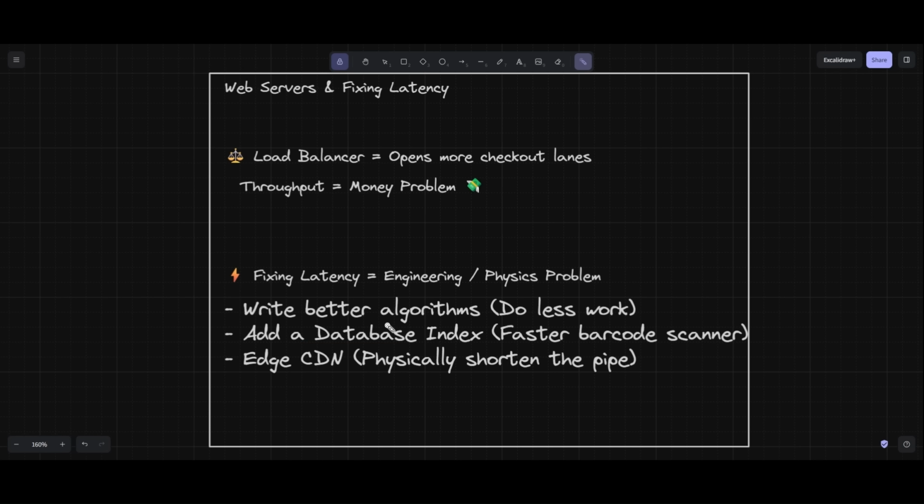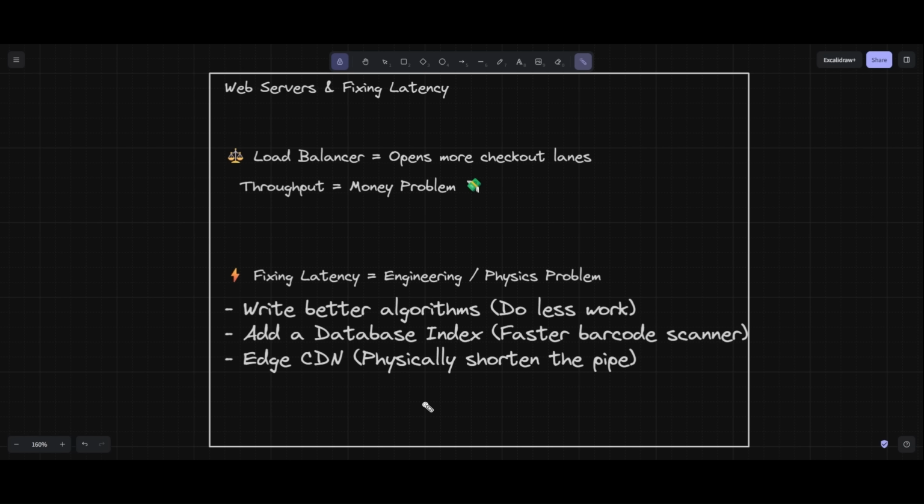You add an index to the database, right? So instead of doing a full table scan that takes 500 milliseconds, it takes 10 milliseconds. You rewrite the algorithm. You move the server physically closer to the user using an edge network or a CDN, so the speed of light delay is shorter. That's how you attack latency.